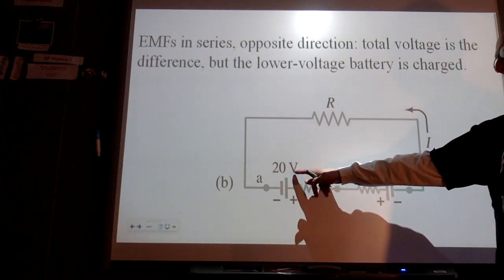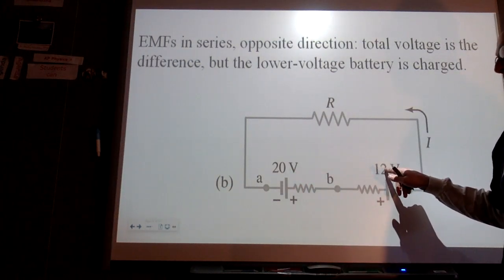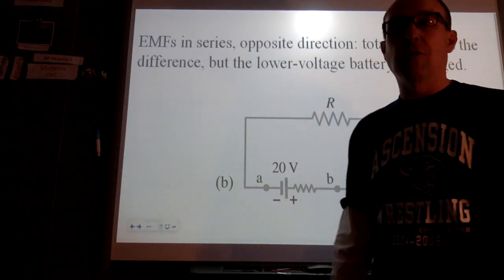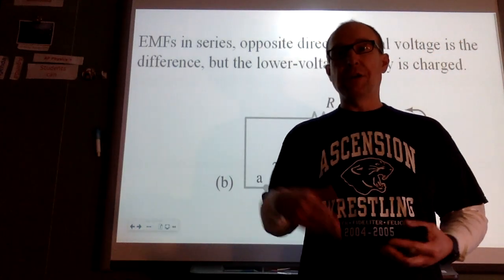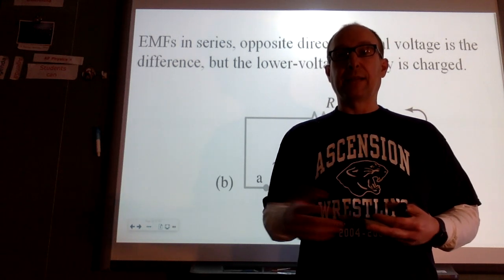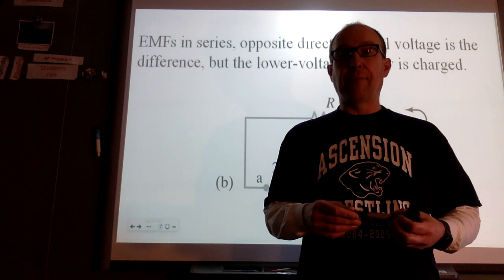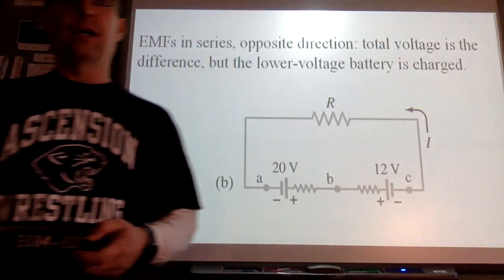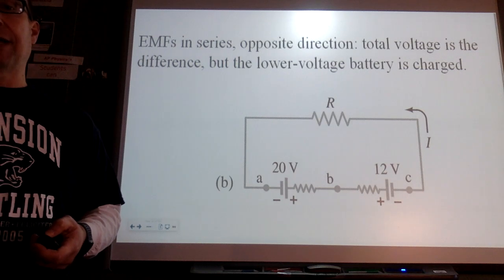And so if I have a 20-volt battery and a 12-volt battery here, I'm going to end up with the equivalent of an 8-volt battery. This might seem unusual to do, but you guys do it daily. This is how we charge any kind of battery, is putting something in a circuit backwards and forcing the current to run in the opposite direction.